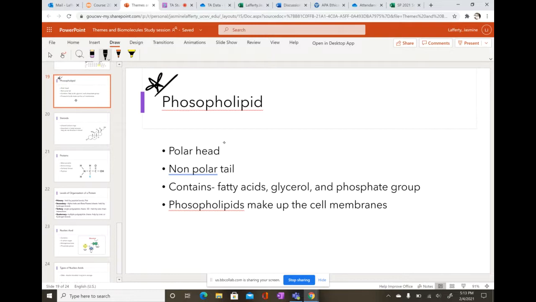All right, so a phospholipid has a polar head, and that is due to the phosphate group. It has nonpolar tails, which are 2 fatty acids.